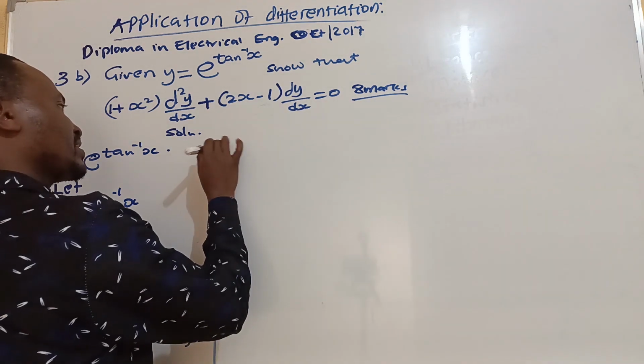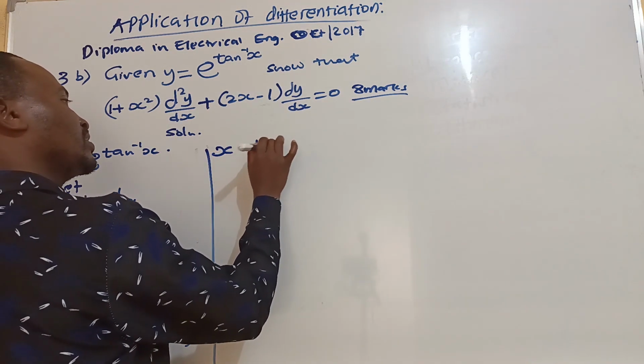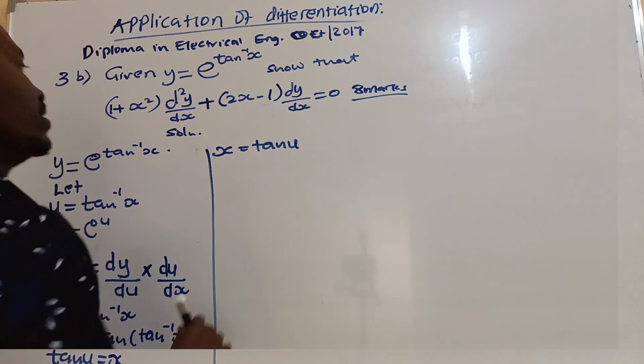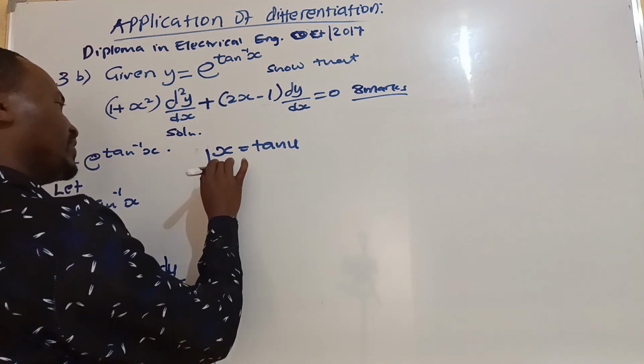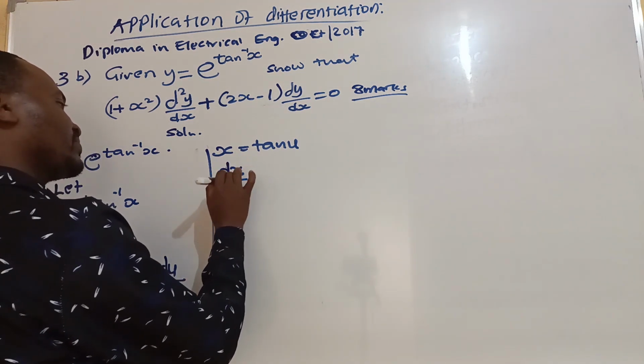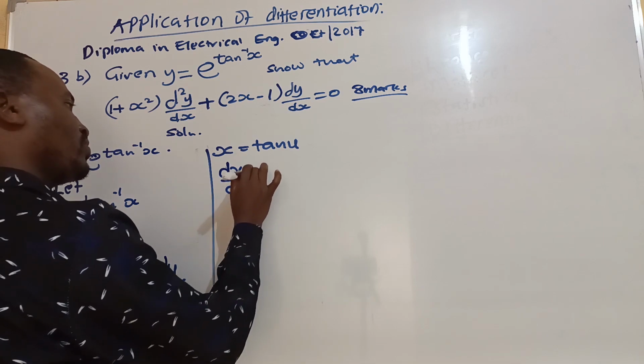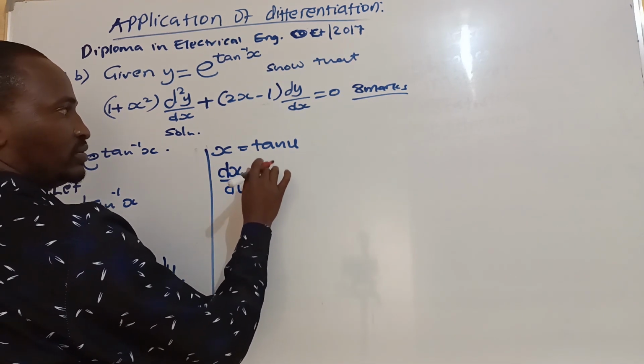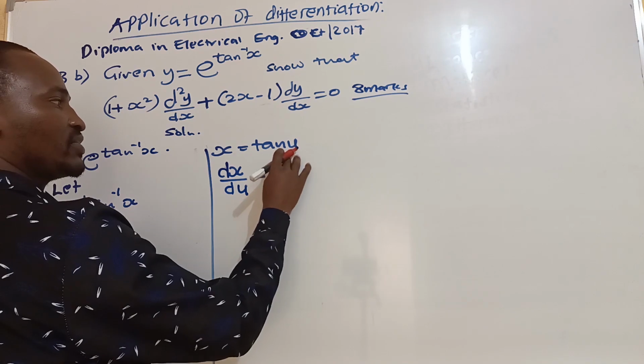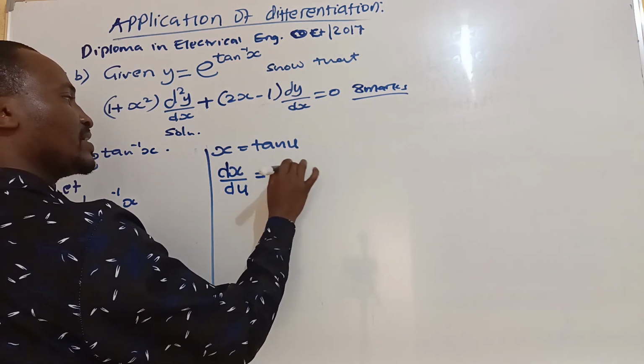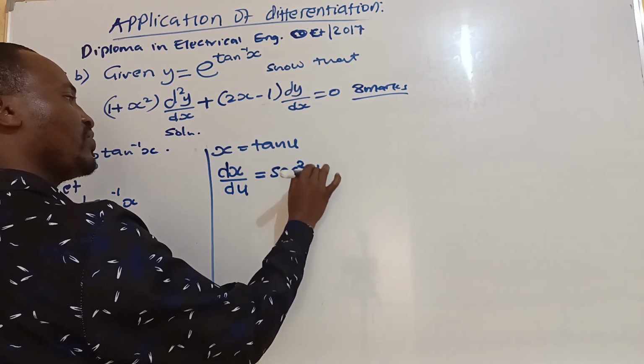Simply x is equal to tan u, which now means if you differentiate with respect to u, the derivative of x with respect to u is sec squared u.